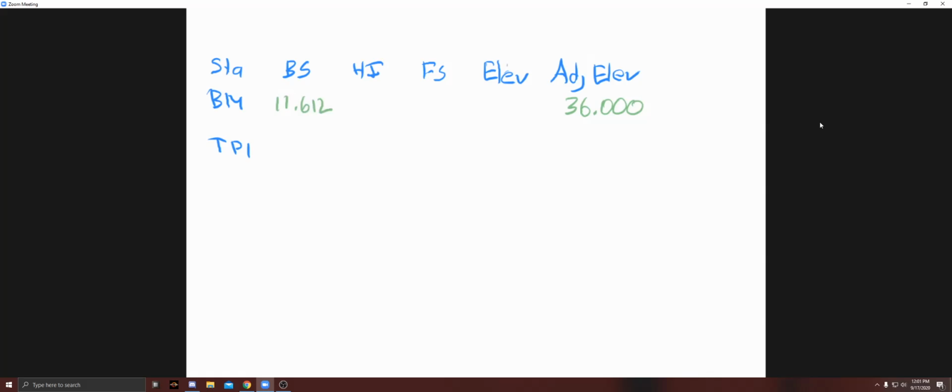Your height of instrument will now go on this row. 36 plus 11.612, we already figured that out. That's going to be 47.612. Now, your first foresight is going to go down here, 4.027.